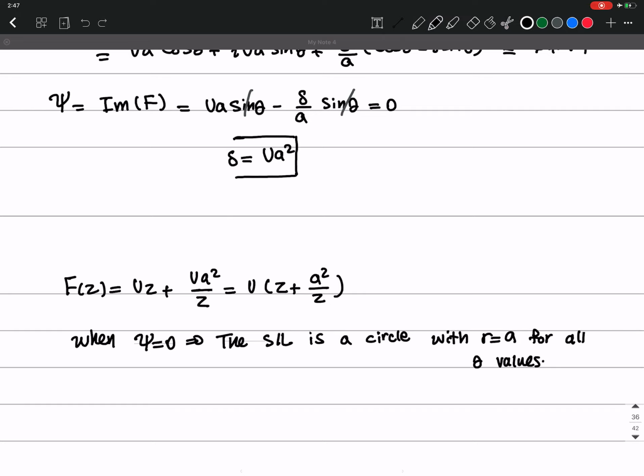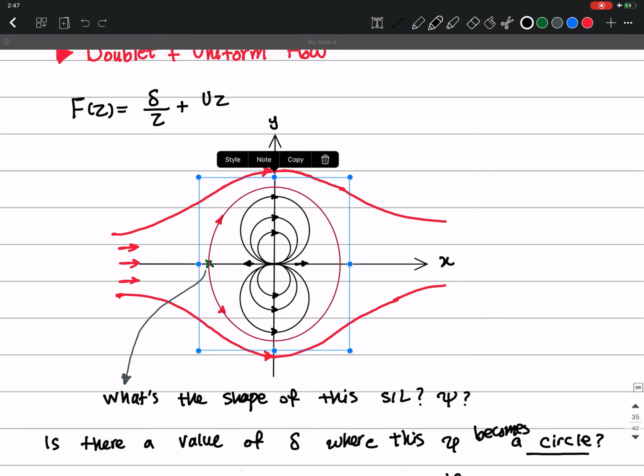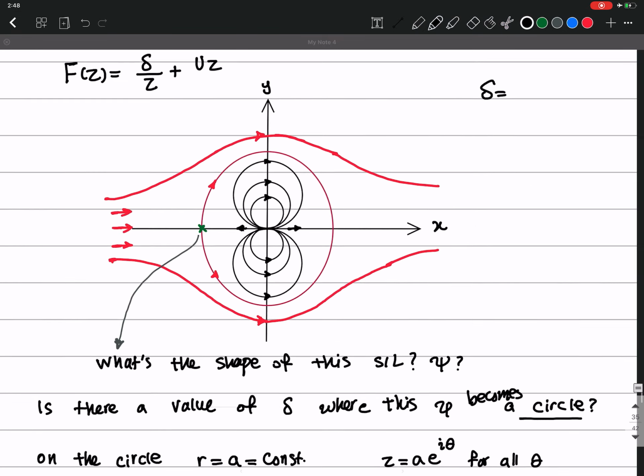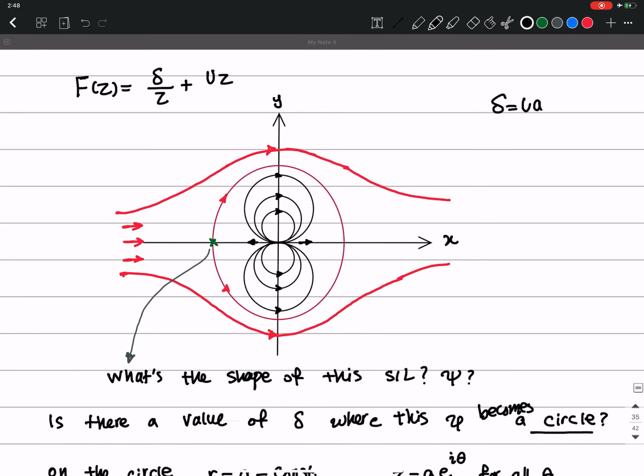Okay, so now I want to go further. This is not generally a circle. We know that. It really depends on the value of delta. But if we set delta to UA squared, then this becomes a circle. Okay.